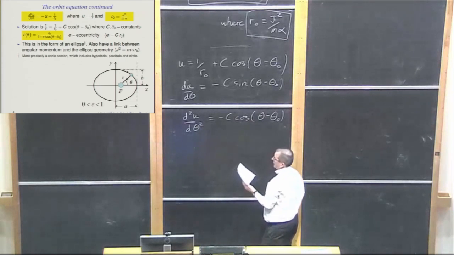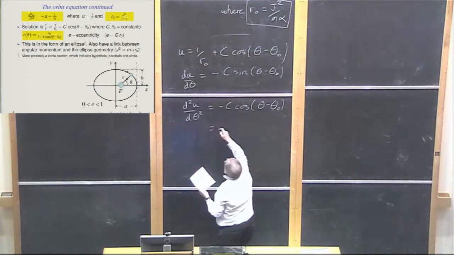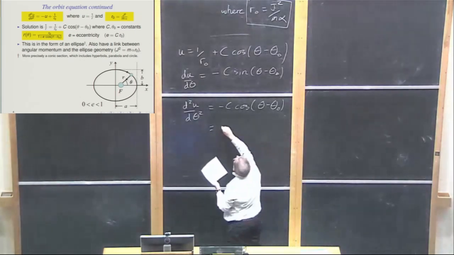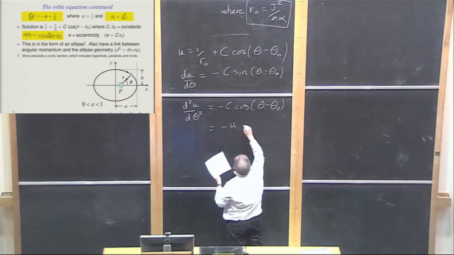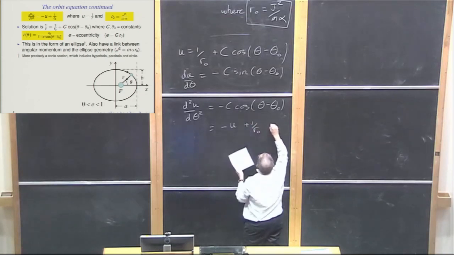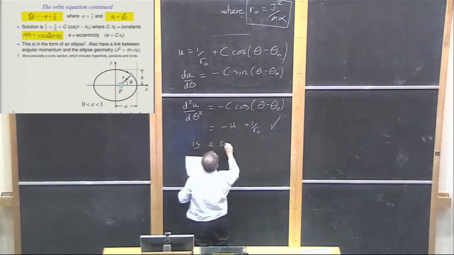And that is clearly the same as minus u plus 1 over r0, which is as it should be. So it is a solution.